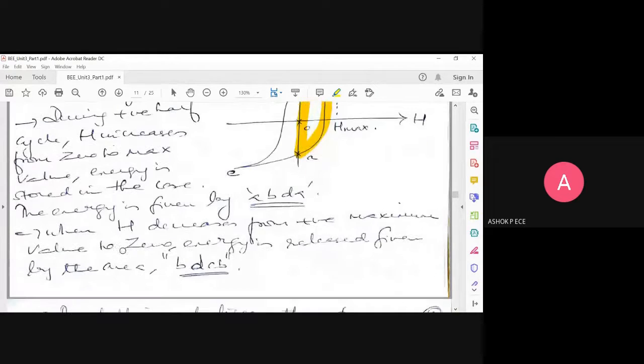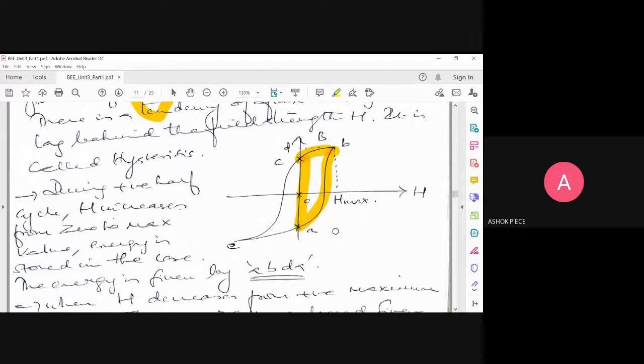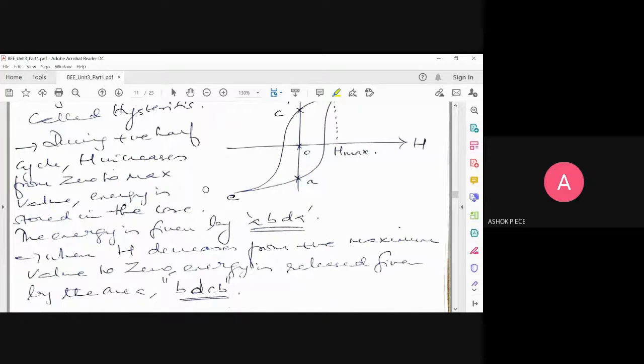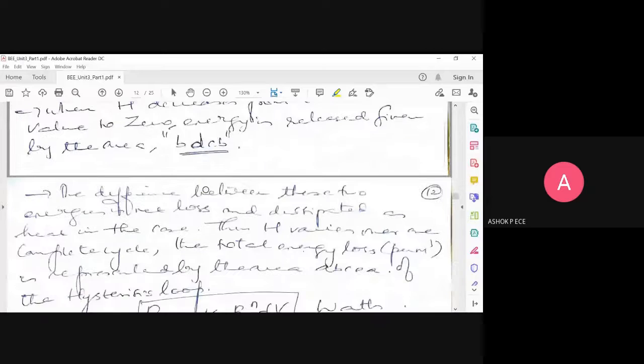So your magnetic field will be decreasing from the positive maximum value to 0, and the energy is released in the area given by BdCb. So actually, it should come back to 0, but it will not come back to 0 and it will be staying at a non-zero value. So that lagging behind nature is called hysteresis. Are you able to understand?